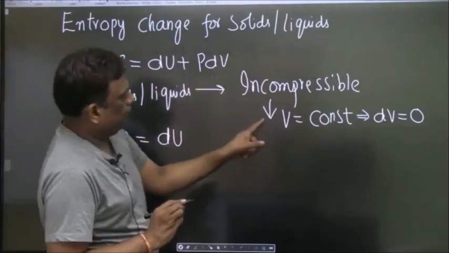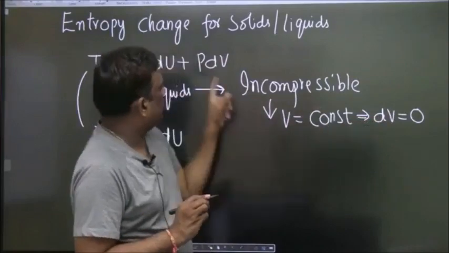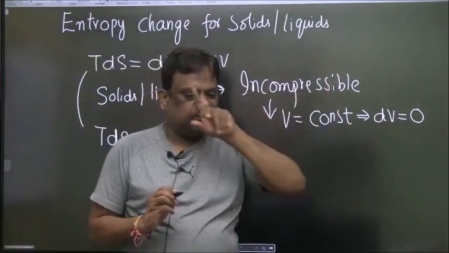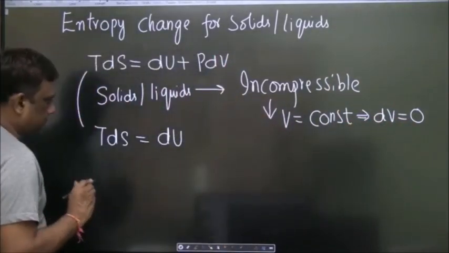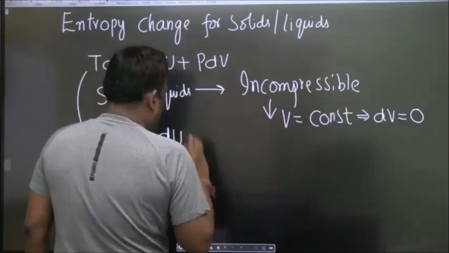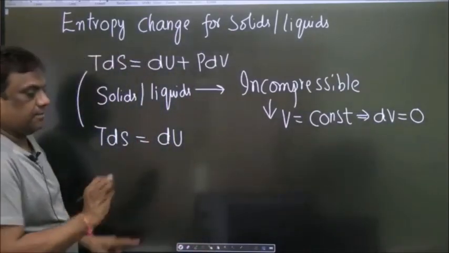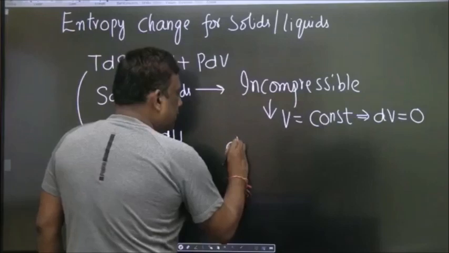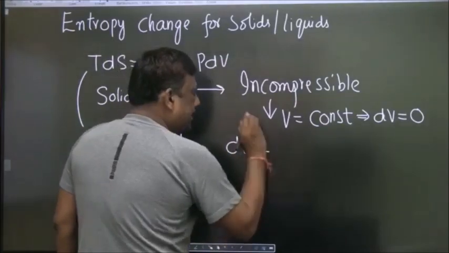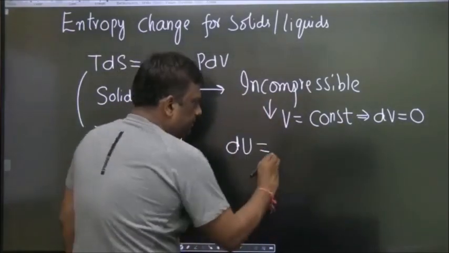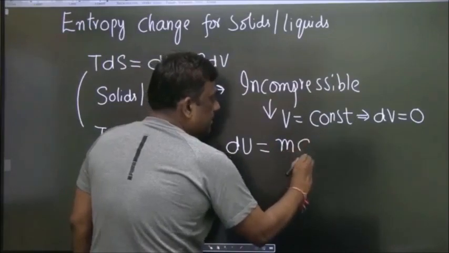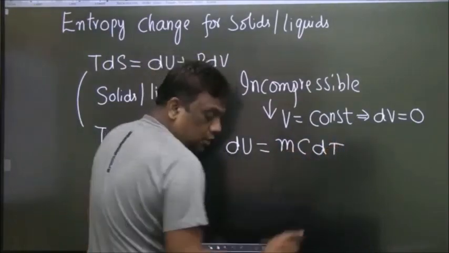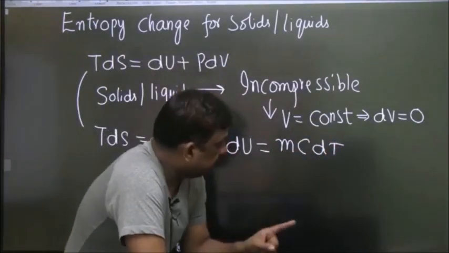And what is the change in volume? It is 0. So therefore, please note down that dU is equal to, for any working fluid, mc dT. Note that I have not written it as CV.